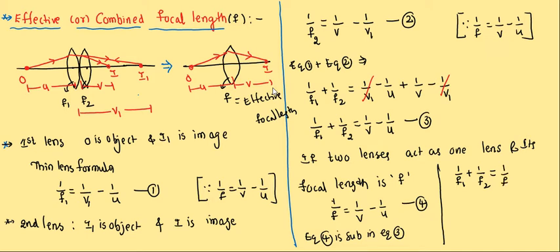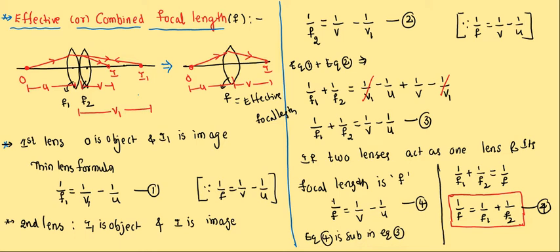This is the formula to find the effective focal length: 1 by f is equal to 1 by f1 plus 1 by f2, where f1 and f2 are the focal lengths of the two lenses. If the two lenses act as one lens, the total focal length is given by this formula.